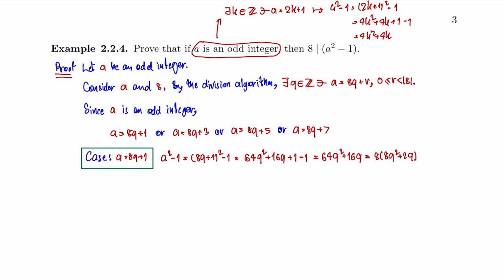We can factorize 8, so that means that 8 is a factor of a squared minus 1. So we have 8 divides a squared minus 1 in this case.